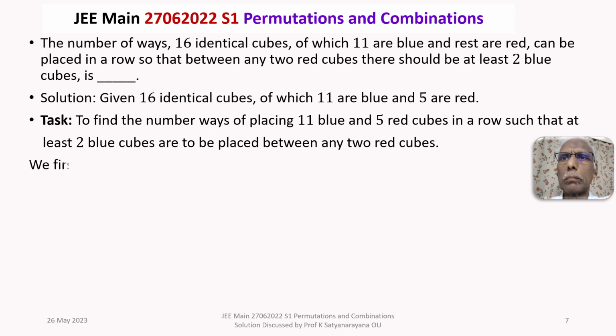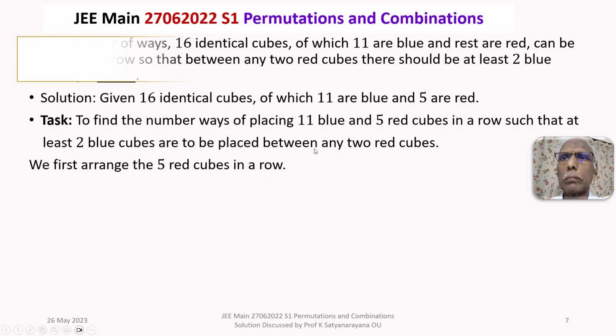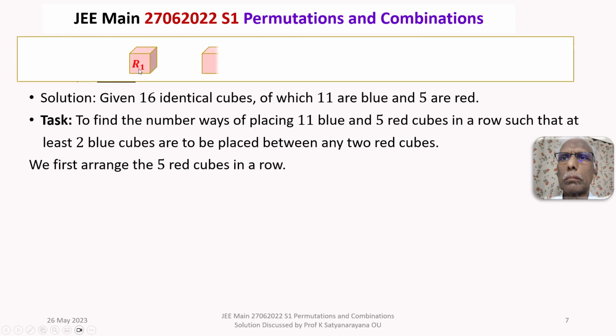Now let's see the demonstration. We first arrange the 5 red cubes in a row. So that is the first red cube, second, third, fourth and fifth. So we have arranged the 5 red cubes in a row. Between R1 and R2, blue cubes are to be inserted, but the number of blue cubes should be greater than or equal to 2.